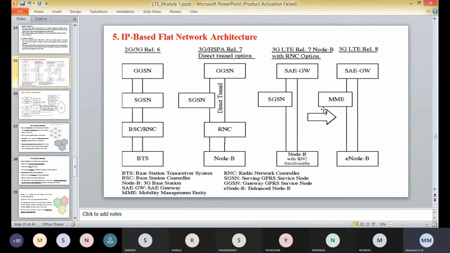The MME and SAE gateway could be collocated in a single entity called the access gateway, that is the AGW. The key aspect of the LTE architecture is that all services including voice are supported on the IP packet network using the IP protocols.